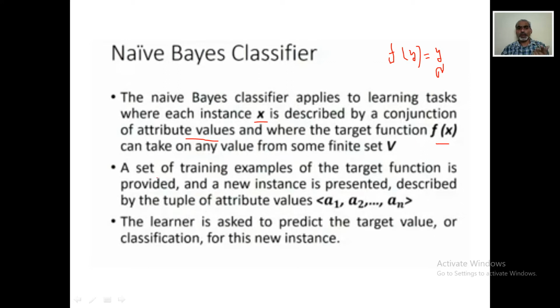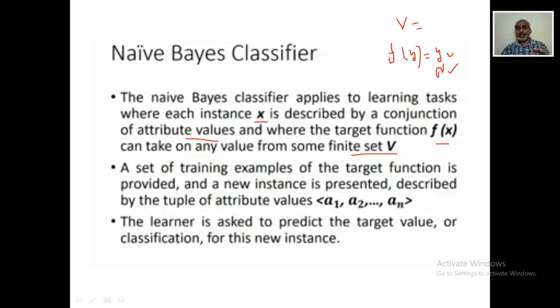It can take any value from a finite set V. Here V has two values, either yes or no. In some examples you may have more than two values, like low, high, mid. It depends on what output values we are having.